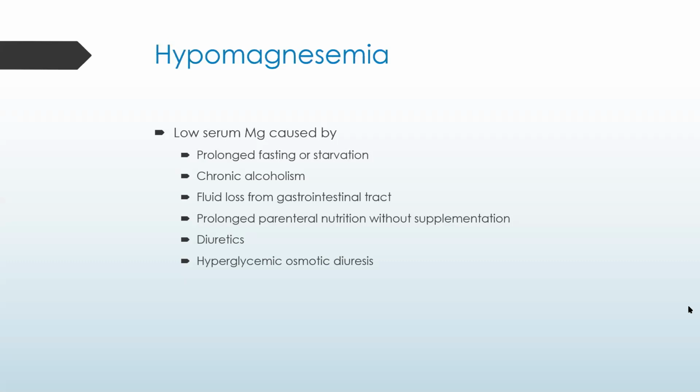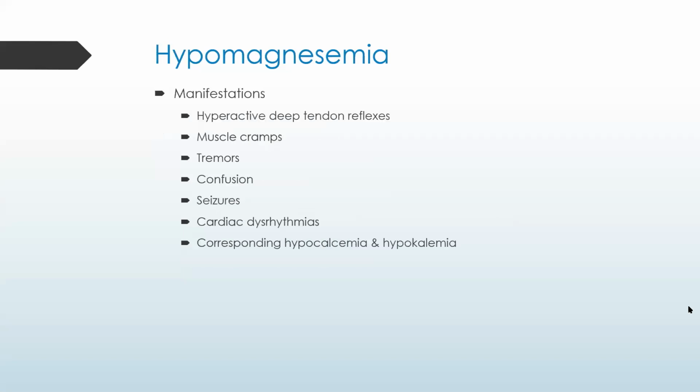Many diuretics increase the risk of magnesium loss through renal excretion. In addition, osmotic diuresis caused by high glucose levels in uncontrolled diabetes mellitus increases renal excretion of magnesium. Clinically, hypomagnesemia resembles hypocalcemia.